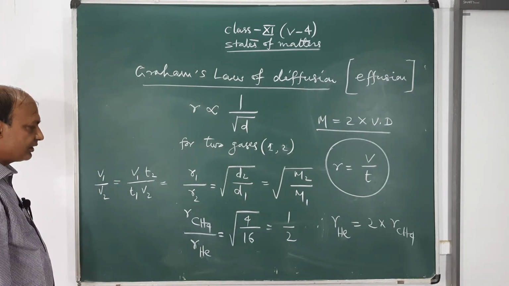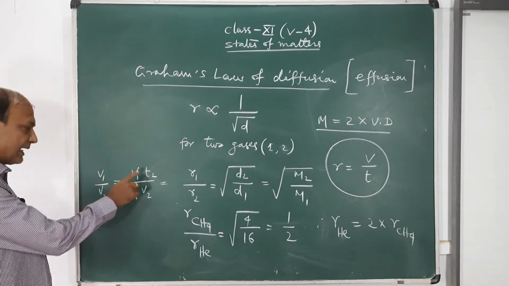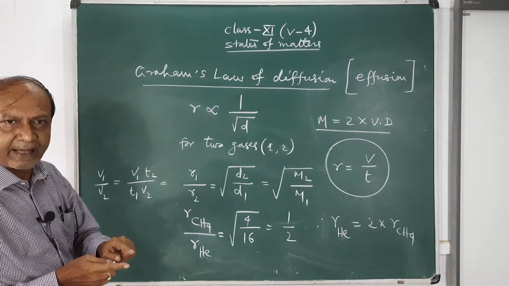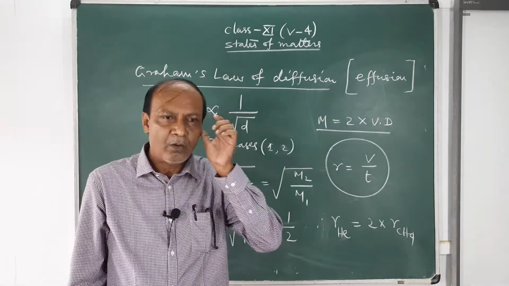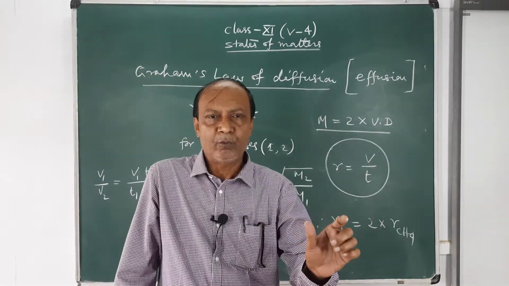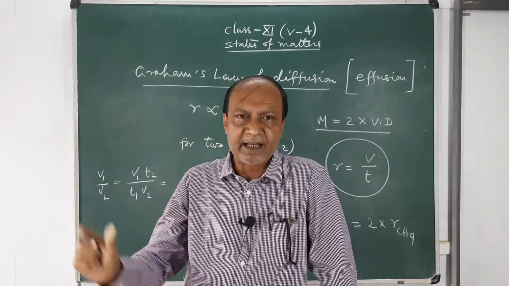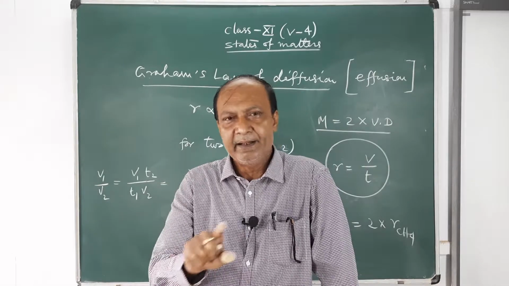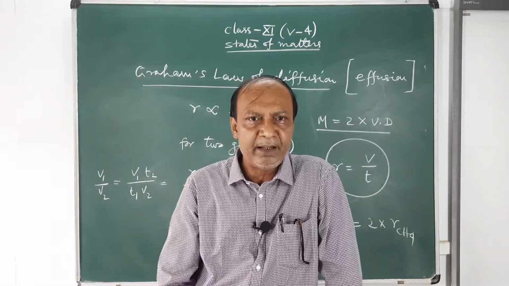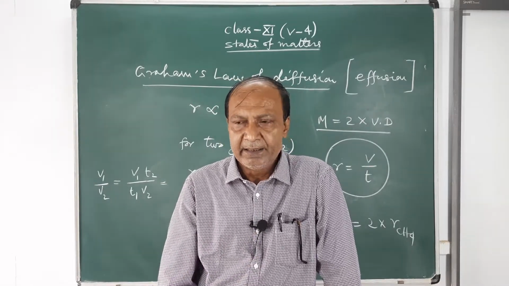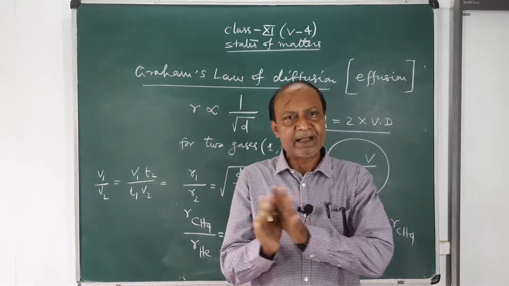Making the volume constant, if you take time different, volume same: a volume of one gas diffusing and the same volume of another gas diffusing in different time. So, time will be different because the gases are different. If you take the volume same, then time will be different.